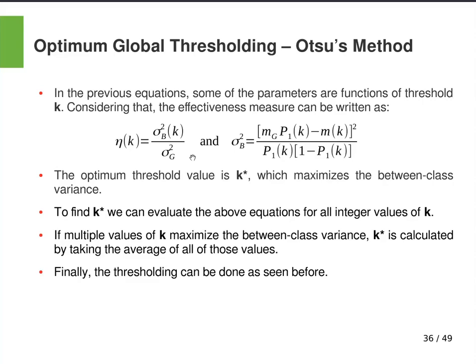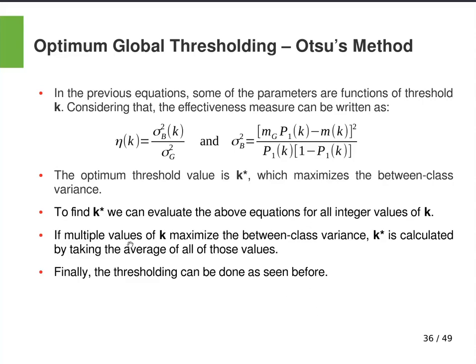So how do we find the optimum threshold value? Here we call it k star, and the optimum threshold is the value that maximizes the between class variance. Whatever threshold maximizes this is the optimum threshold.